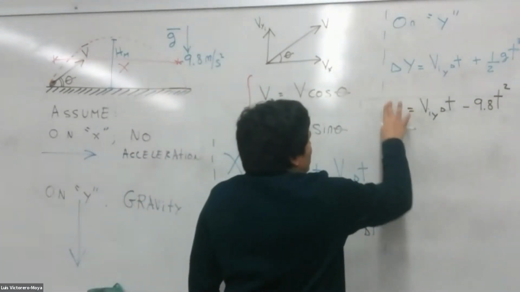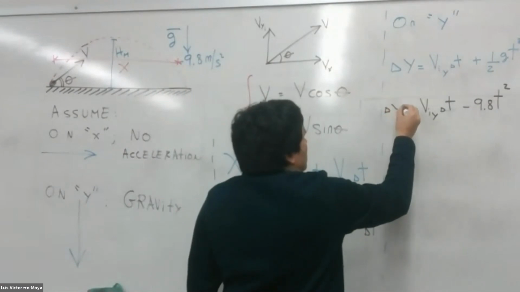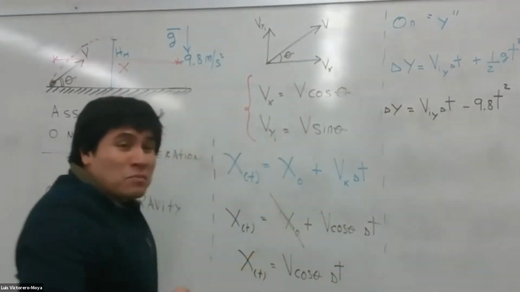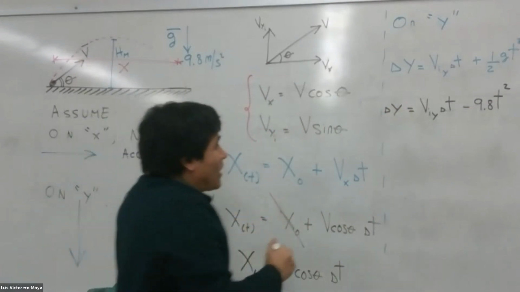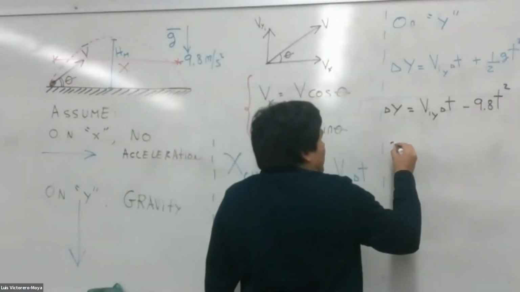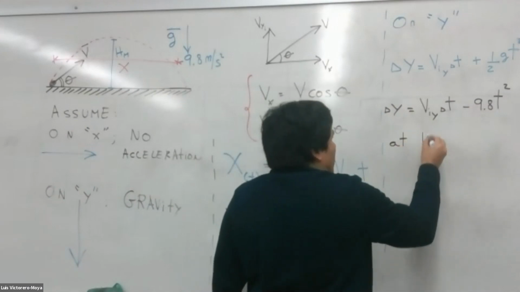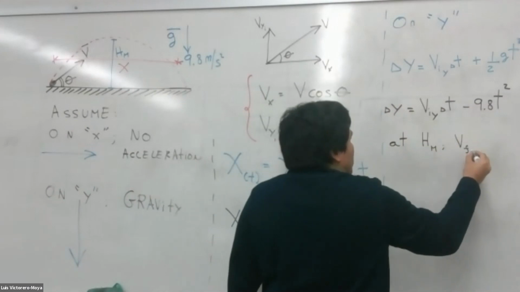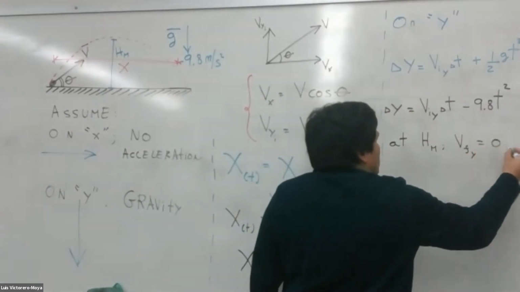But that's the equation. Let's not talk about H max yet. Delta y. What do we know about the maximum height? We know that at the maximum height, the final speed on y is 0.